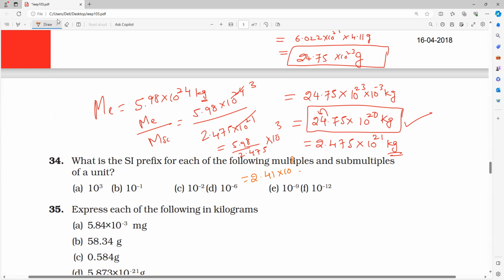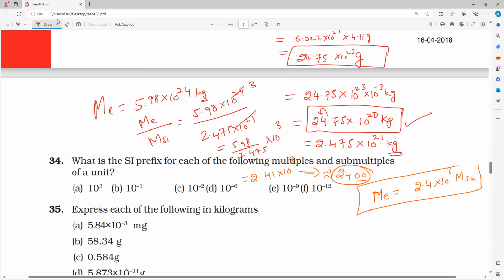So almost, if I multiply with 1,000, I'll get approximately 2,400 times. Mass of Earth is 2.4 into 10 power 3 times the mass of a screw.